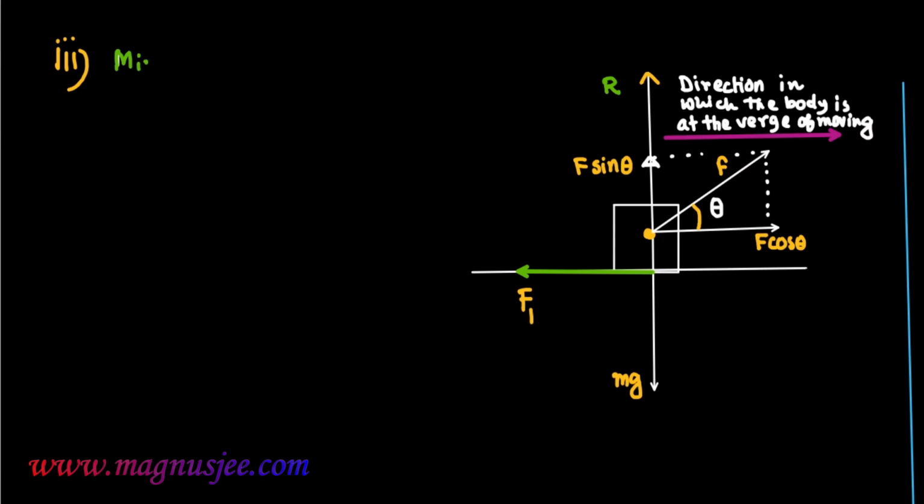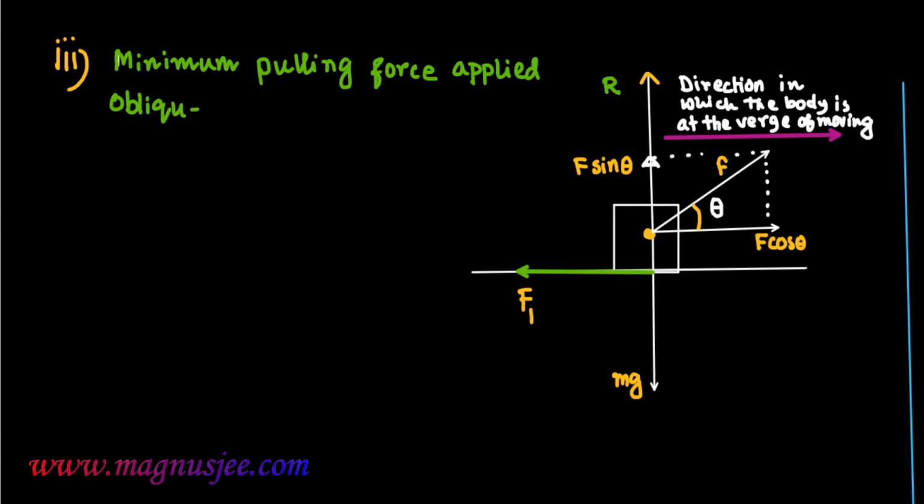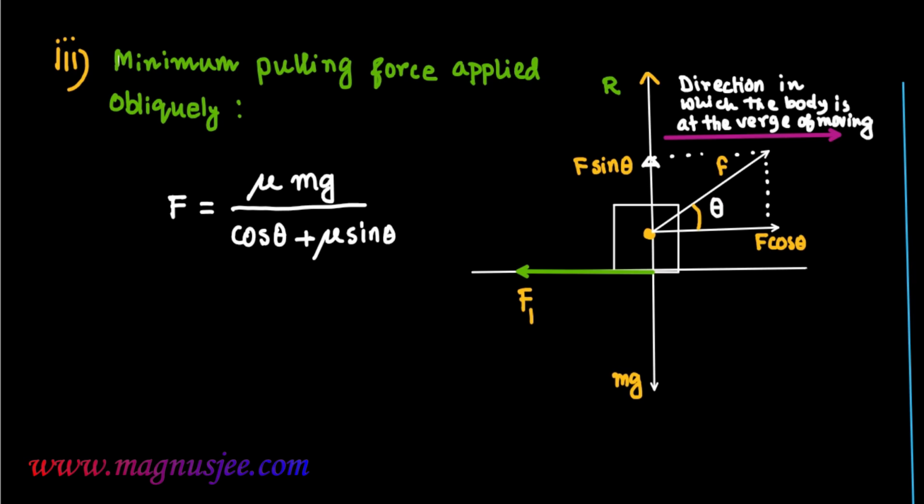Now we have to find the expression of minimum pulling force applied on a body obliquely. The general expression of pulling force is mu mg divided by cos theta plus mu sin theta.